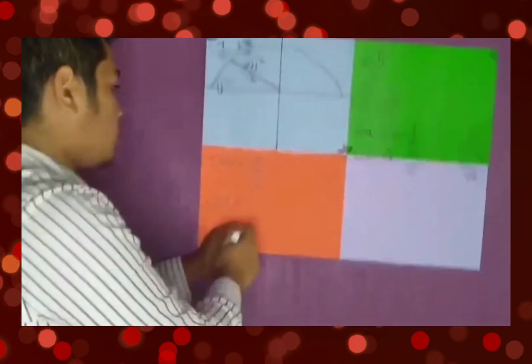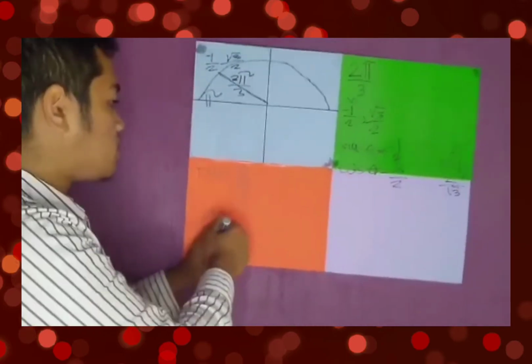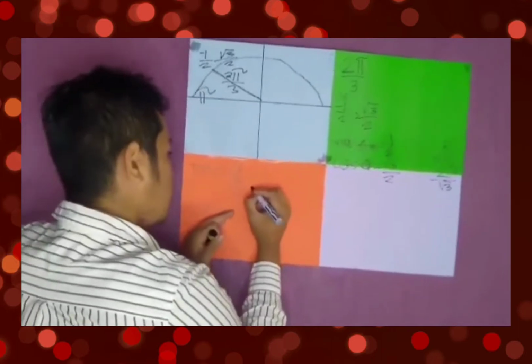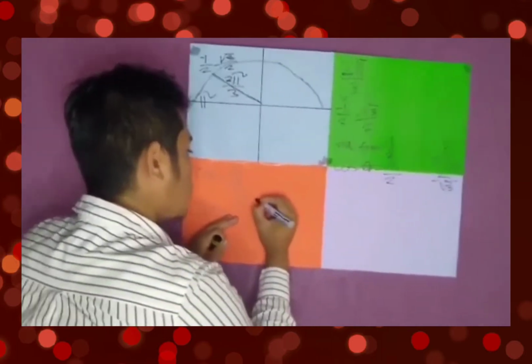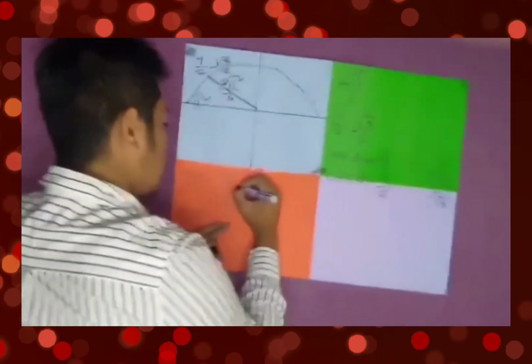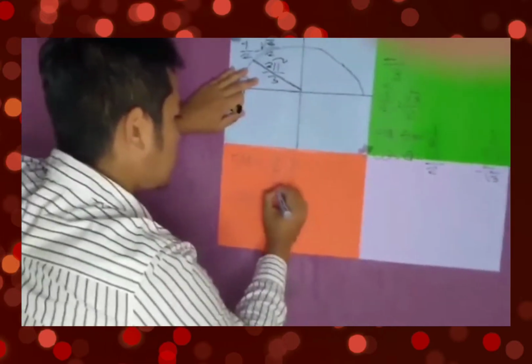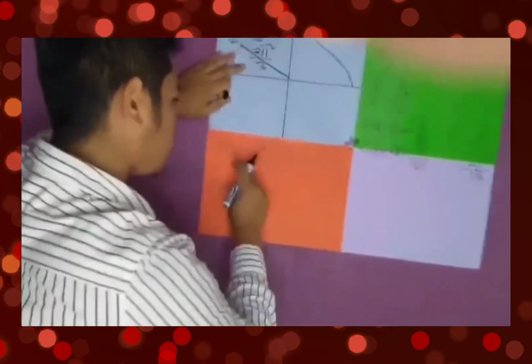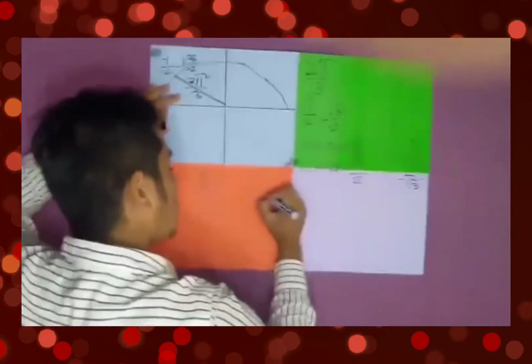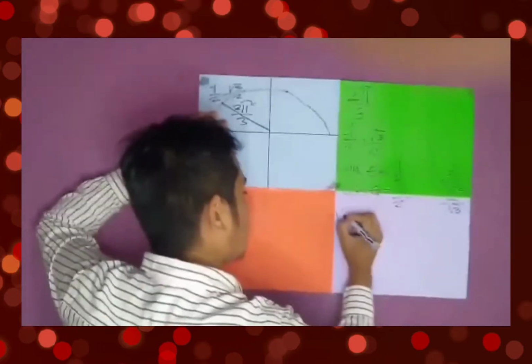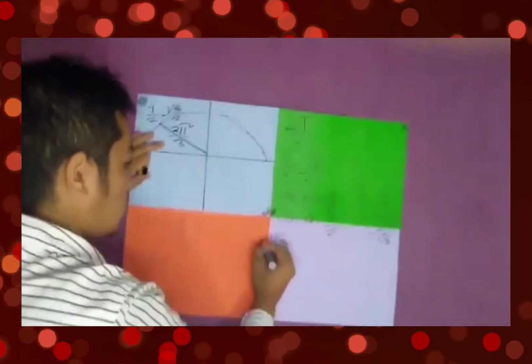Then the rule of this is we're going to multiply by the reciprocal, 2 over negative 1. So the 2s cancel, equals square root of 3 over negative 1, which is negative square root of 3. The tangent is negative square root of 3.